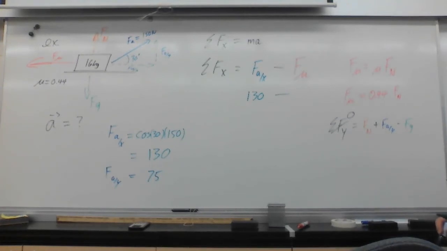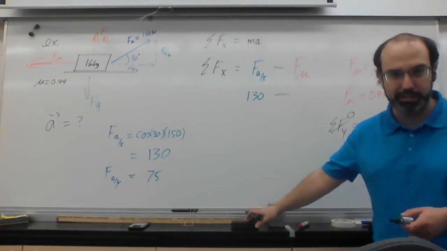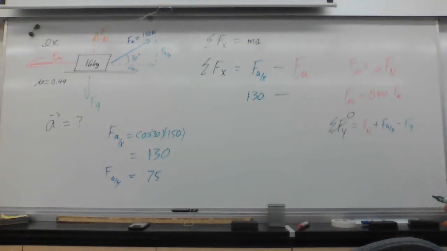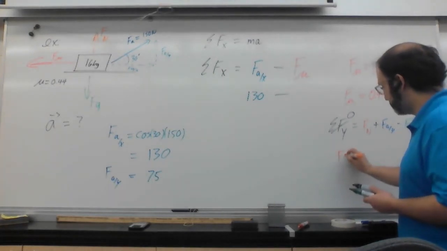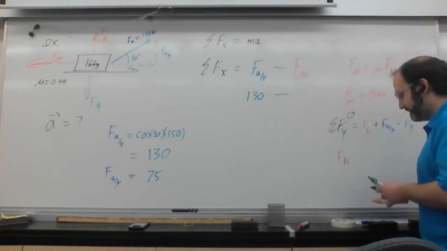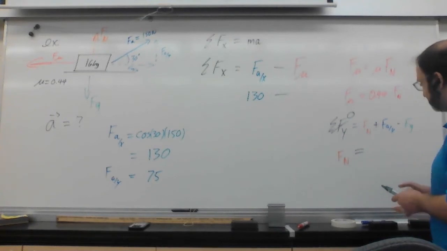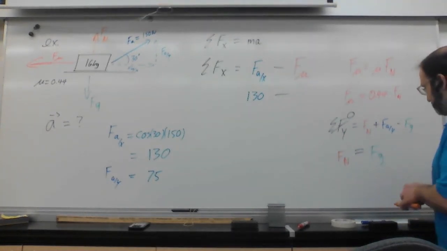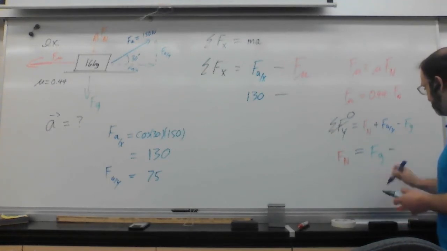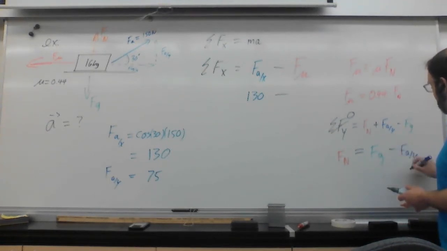Because I'm not going up, I'm not going down. The table is supporting the brick. So what this means is that Fn, which is what we want, is going to be equal to Fg minus Fay.